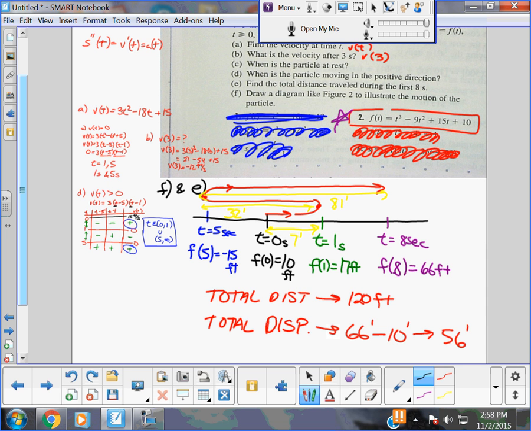Likewise, this particle, if you talk about distance, it moved 120 feet in the first 8 seconds, but it only displaced 56 feet. Big difference. We have to understand that difference. We have to make decisions about what's happening, okay? This is the first step in understanding this.